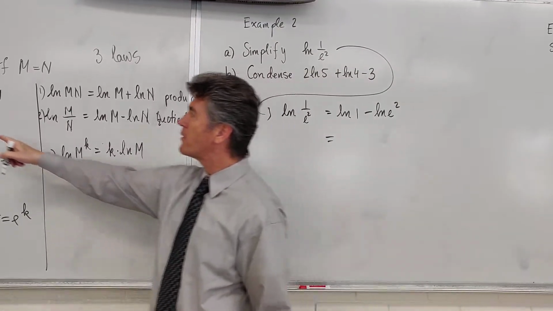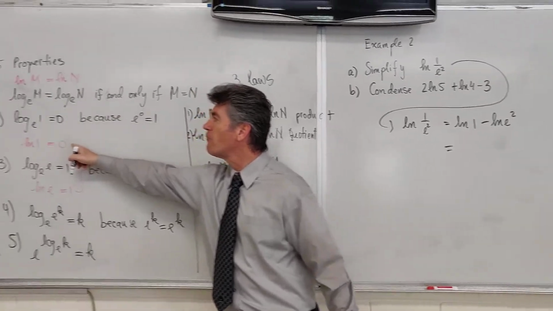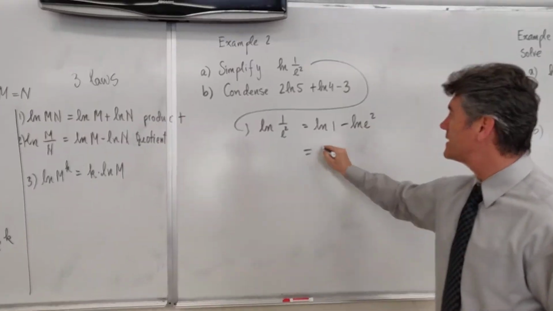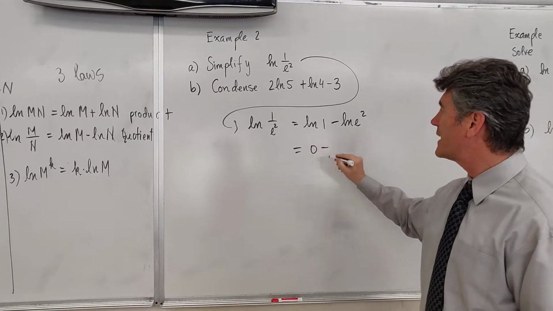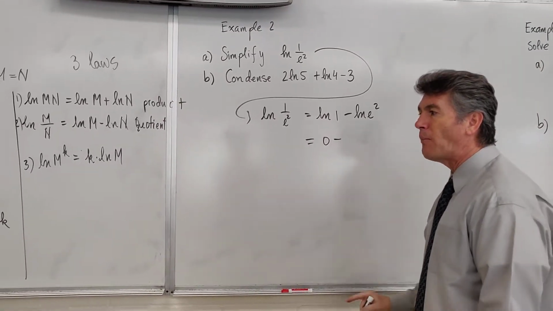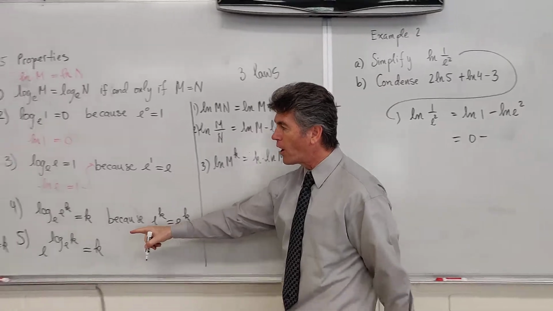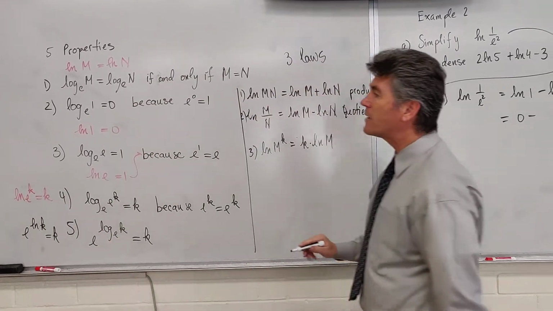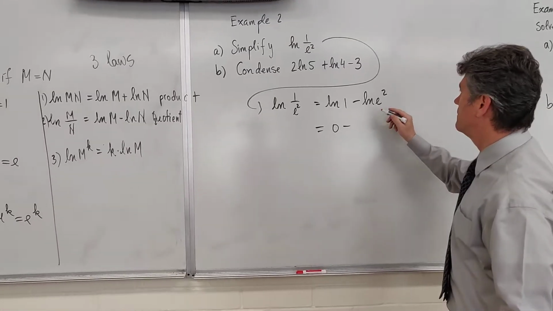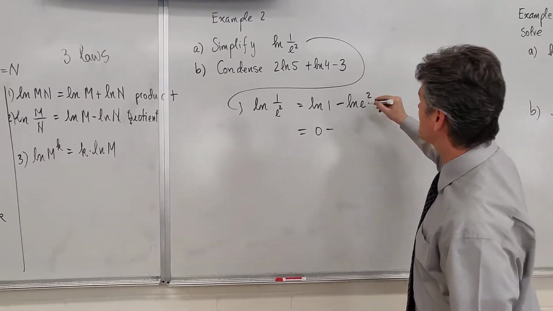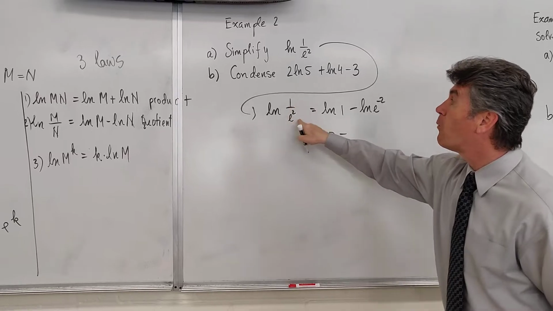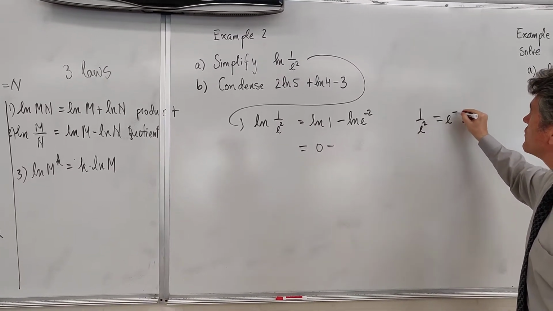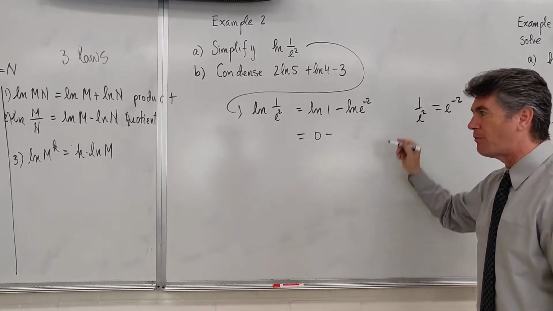So property number 2, natural log of 1 is equal to 0, or log of 1 over base of e is equal to 0, minus, and I'm going to also use property number 4, natural log of e to the k is equal to k. So natural log of 1 over e squared, and a mistake has been made, of course, 1 over e squared is actually e to the negative 2, not e to the positive 2.